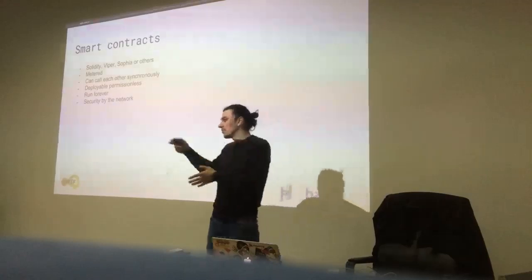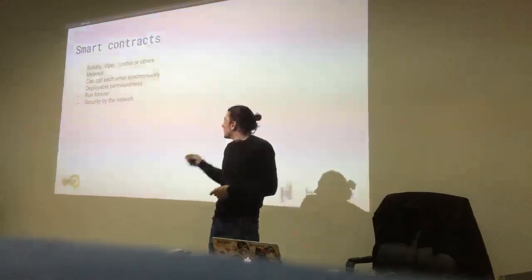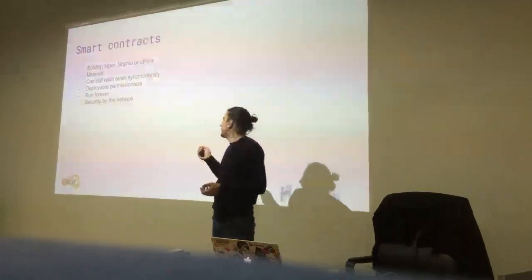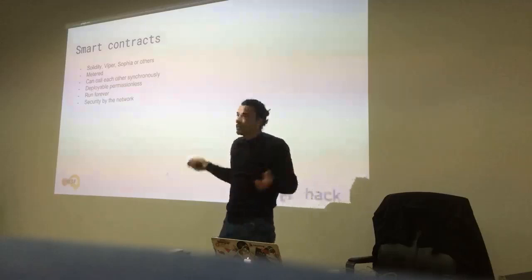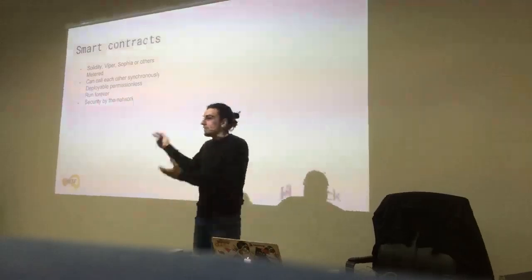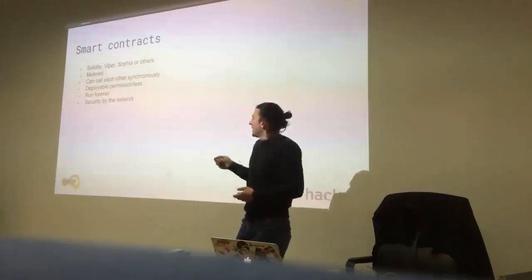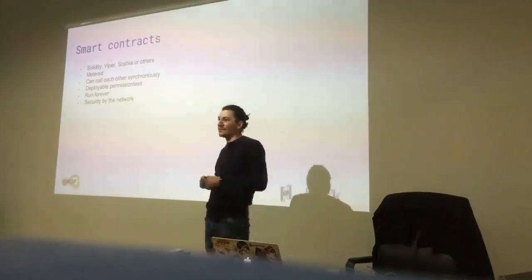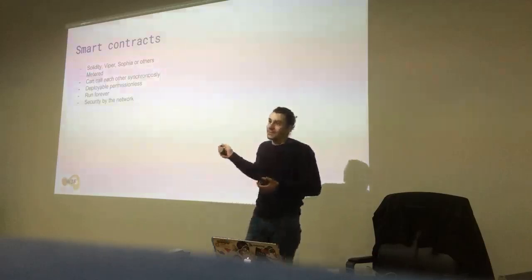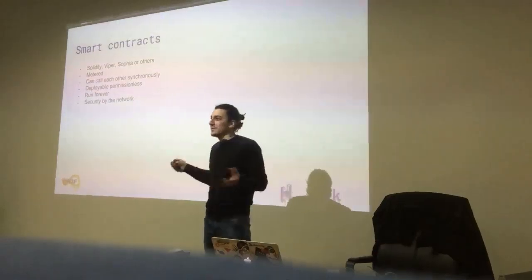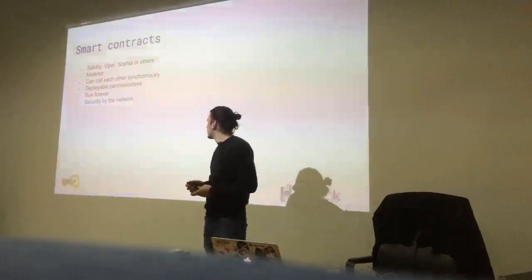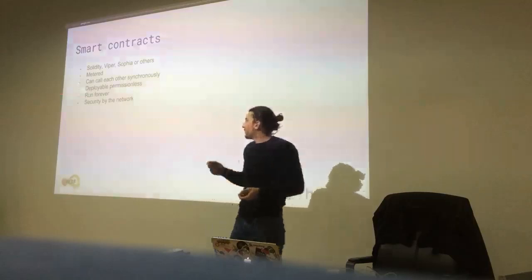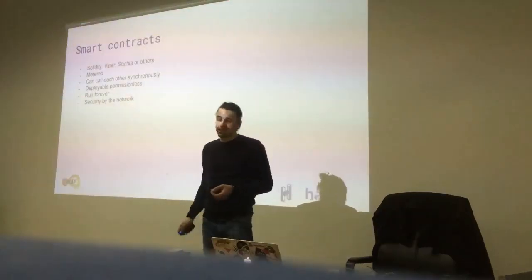As I said, one contract can call another. They're deployable by anyone, without any permissions. You can basically write a smart contract and deploy it. They're promised to run forever, but forever is an abstract thing, depending on how long the network will live. Because if the network shuts down, your contract is gone. And they rely for security on the network that is provided for them.